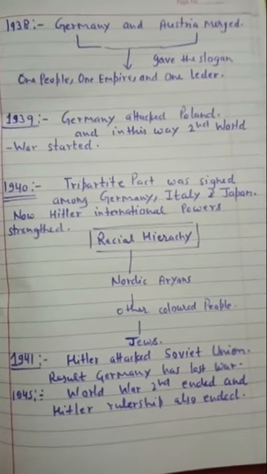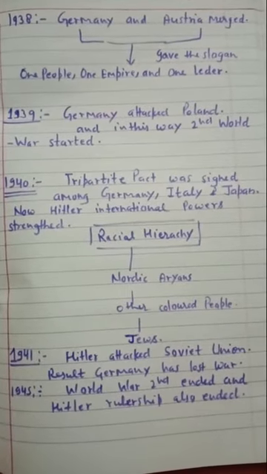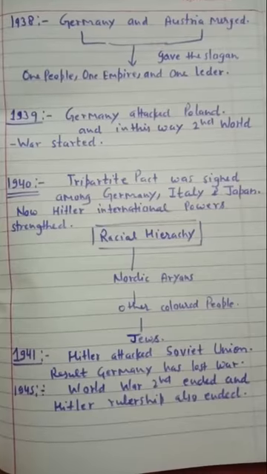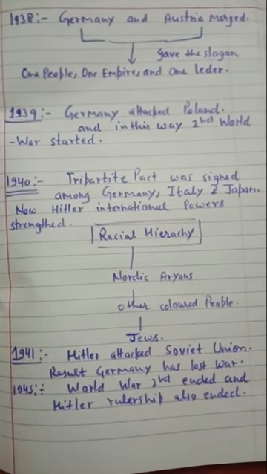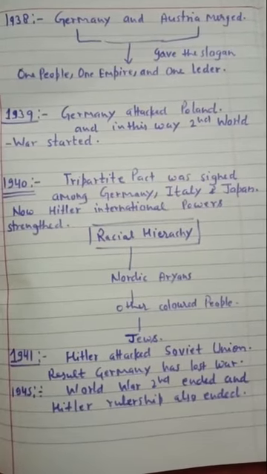Now, as we know, when Hitler was in power in Germany, he was a strong believer in racial hierarchy. We have studied in detail in this chapter that he divided society on the basis of race and casteism.